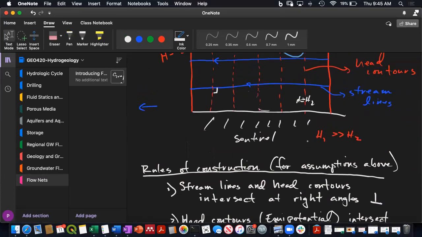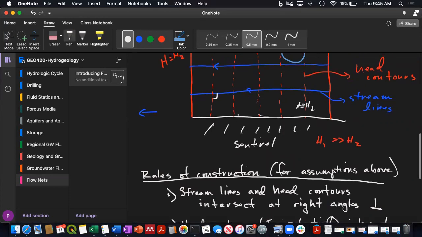This is another unbreakable rule. All right. These and these need to intersect at right angles. That's a fundamental thing with a flow net. So this is a no flow boundary here. The equipotential line and the no flow boundary intersect at right angles.